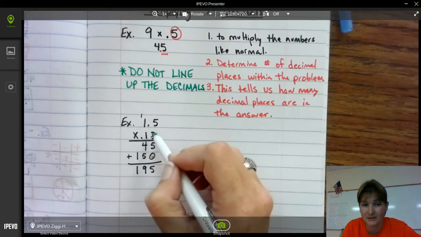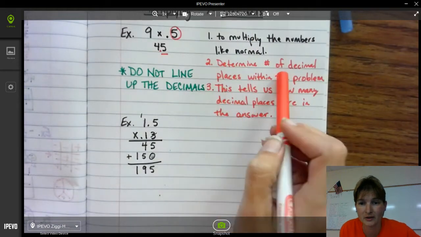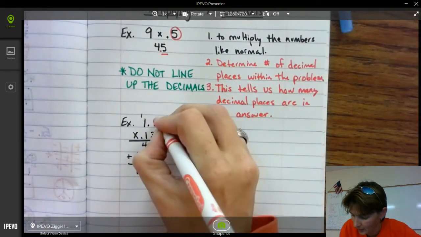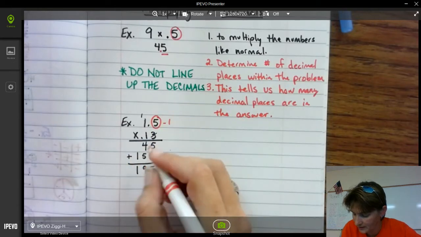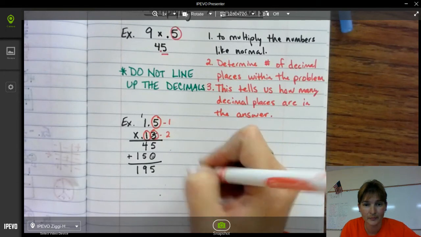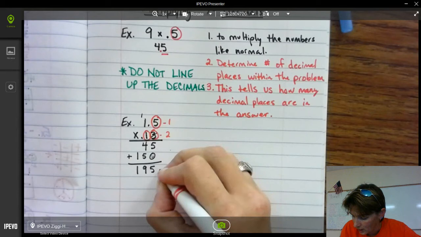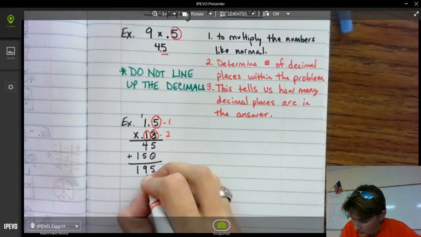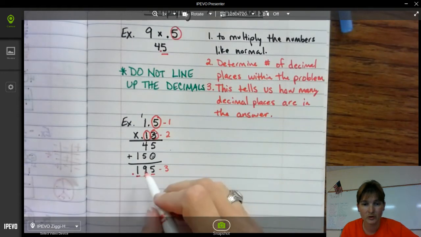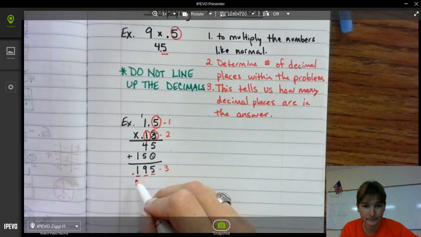But remember, we have these decimal places in there. So our second step is to determine the number of decimal places in the problem. We are looking here, 1 decimal place here, and 2 in the second number. That is a total of 3. So 1, 2, 3, and then you place your decimal at the very beginning because we needed a total of 3 decimal places.